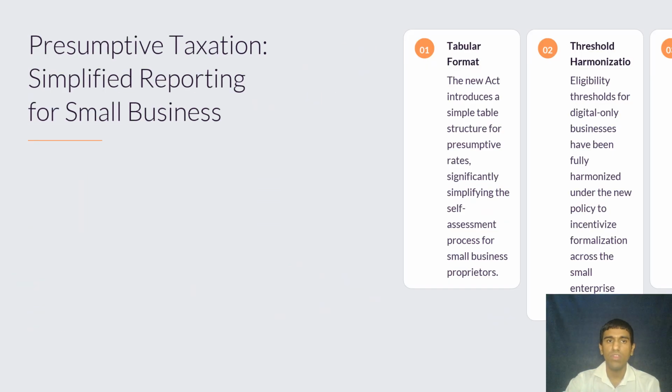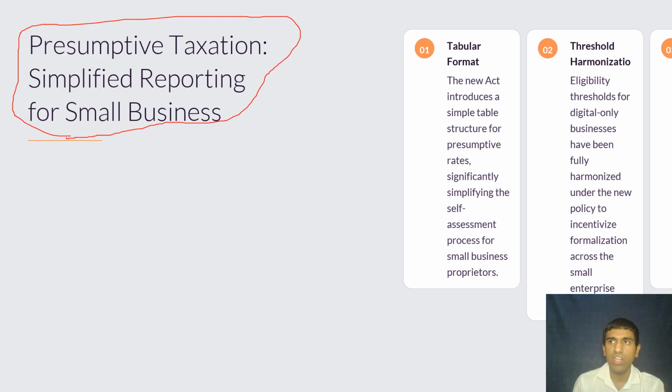Then again, for small businesses, there is this thing called presumptive taxation, where certain rates were specified under the old laws. Under section 44AD, for example, it used to be around 6 to 8% for presumptive tax, and section 44AE applied to those who ran trucking businesses and so on. Now under the new act, a simple table structure has been introduced for presumptive rates.